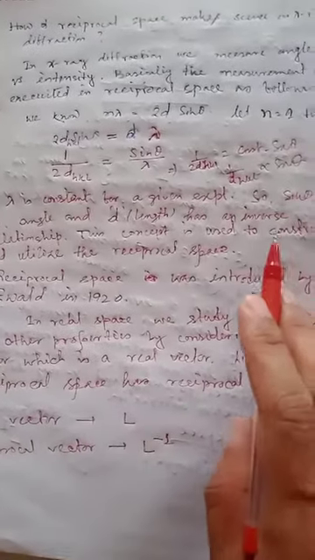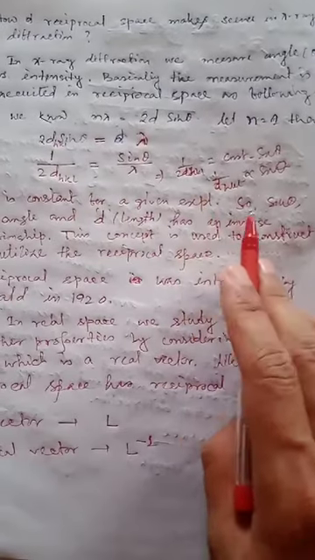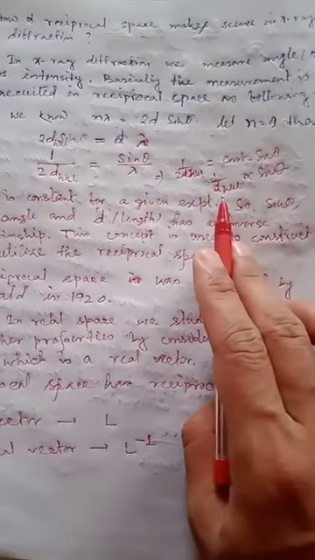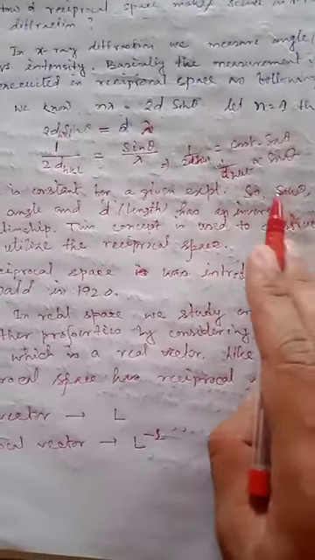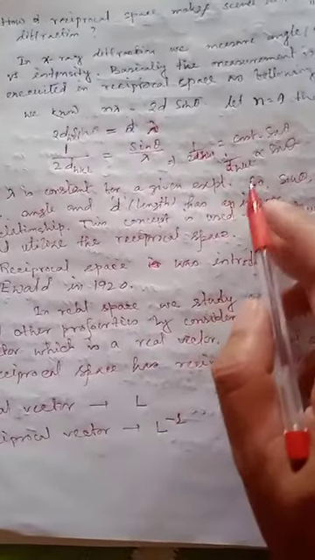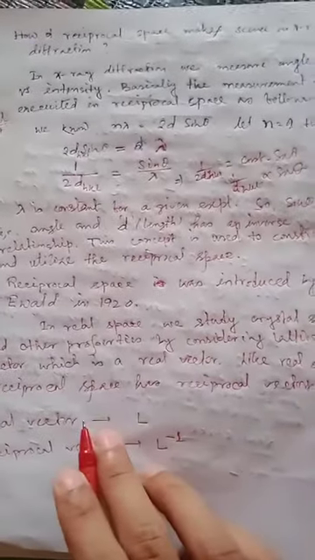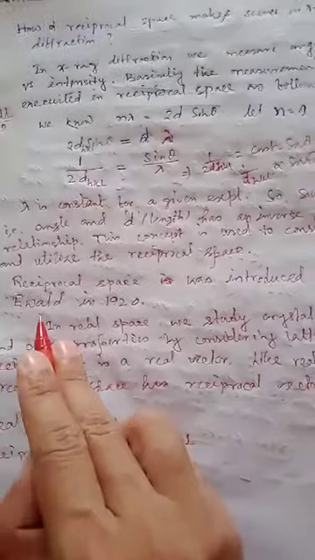We do not have any direct relationship between theta and d. So we make it in the inverse form, so that it forms a direct relationship with theta. That's why this 1 by d term is basically a representation in reciprocal space. Reciprocal space was introduced in 1992 by Ewald.